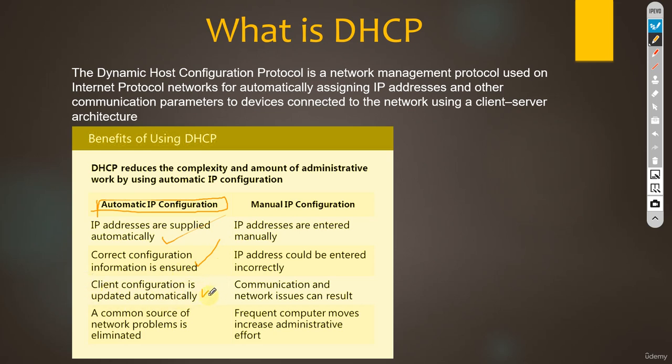Of course, if one client roams or moves to another department, the IP address will be assigned accordingly. So there is no kind of error margin. Then a common source of network problems is eliminated. Of course, if the DHCP server is taking care of it, you are not going to face any issues.